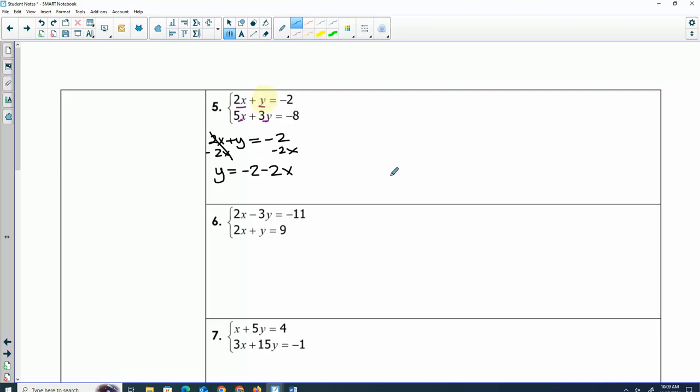I got that from the first equation, so I'm subbing it into the second one. So the second one is 5x plus 3 times y, but we just found that y is -2 minus 2x, equals -8.